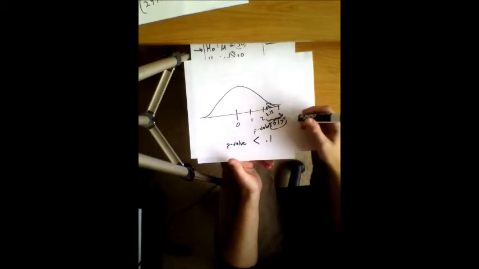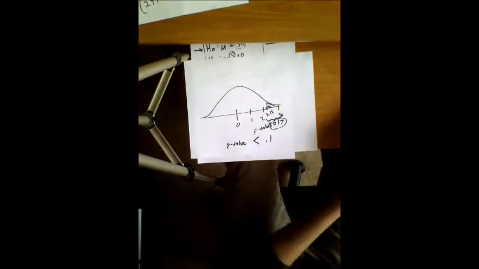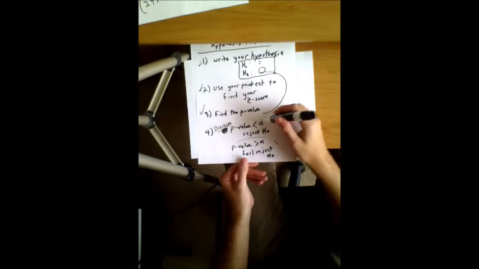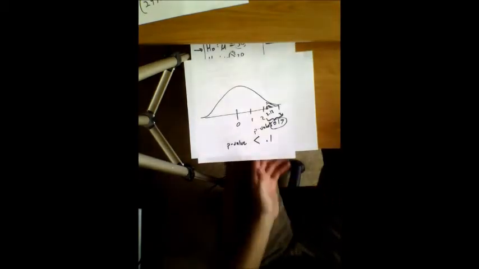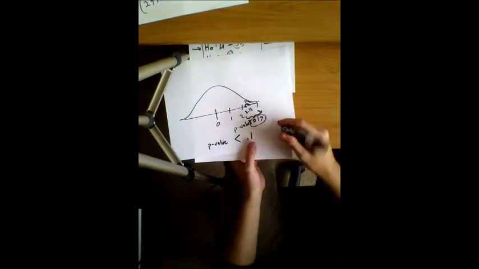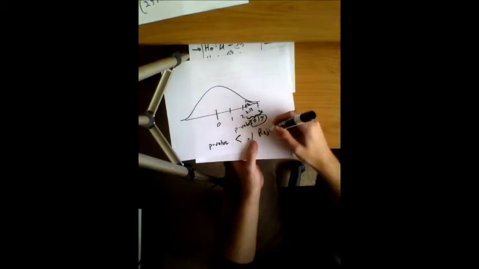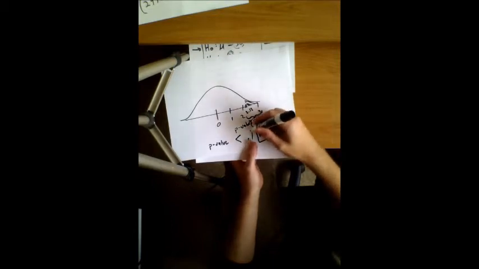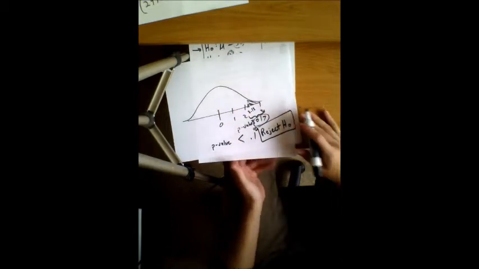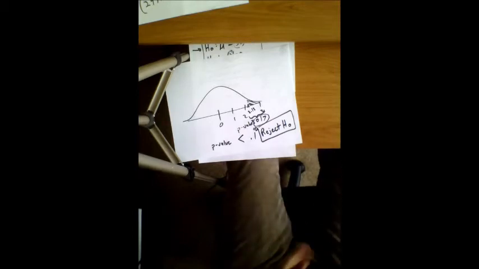It's much, much smaller. So when our p-value is small, less than alpha, we reject H0. So in this case, we will be rejecting H0. Okay, so that's our conclusion.